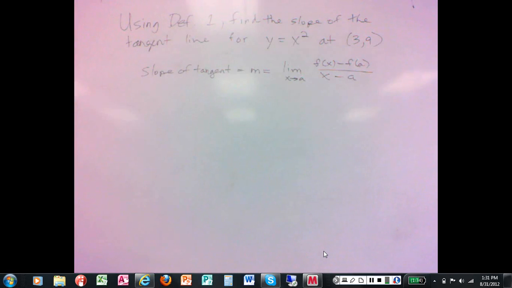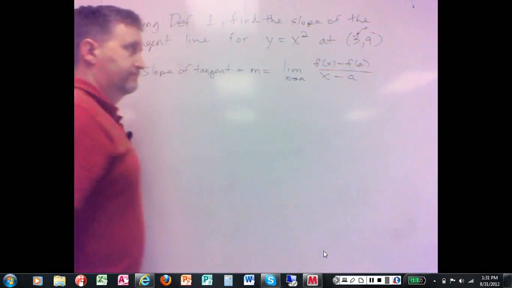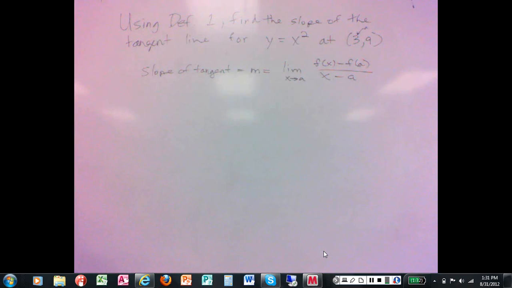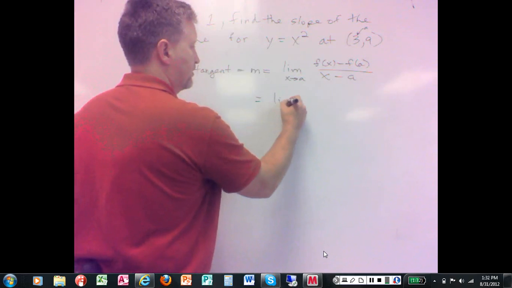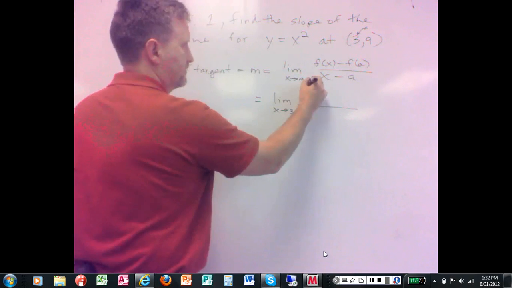Okay? First of all, which is my a? This is my a right here. A is just the x value of the point that I want to find the slope of the tangent line at. So a is 3 here. So I have the limit as x approaches 3 of f of x.